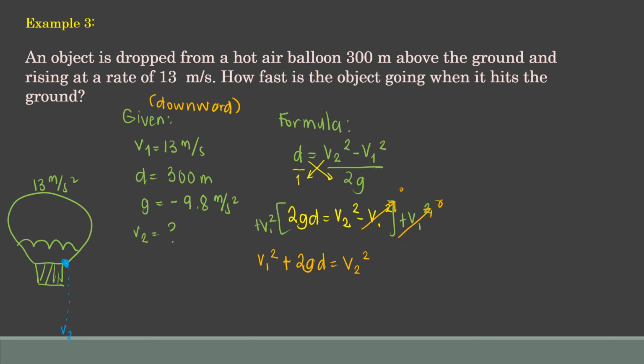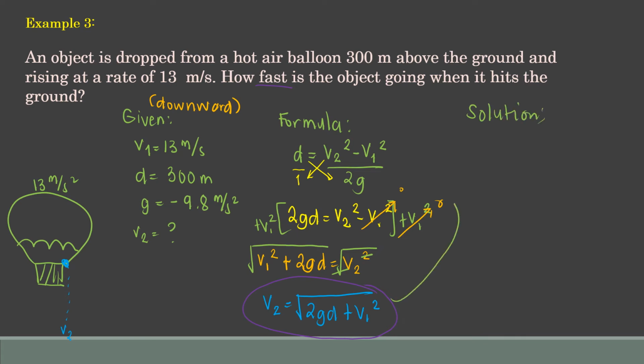Further simplifying, we have to remove the square, so we will put a square root so that we can cancel it. If we rearrange our formula, it will now become v sub 2 equals the square root of 2gd plus v sub 1 squared. We will be using this formula to solve for our final velocity.